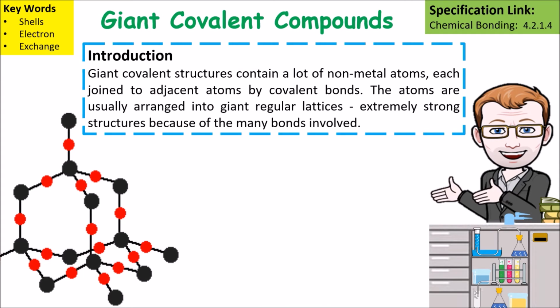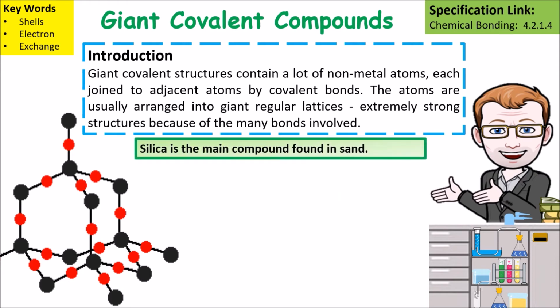Giant covalent structures contain lots of non-metal atoms, each joined to an adjacent atom by covalent bonds. The atoms are usually arranged in a giant regular lattice, which is extremely strong because there are lots of bonds involved. As an example, silica is the main compound found in sand.